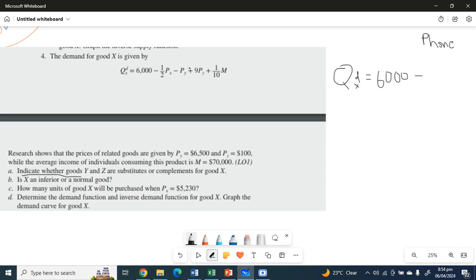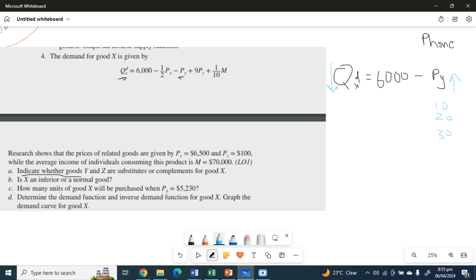First, let's isolate this equation to see the relationship between the quantity demanded for good X and the price of good Y. If the price of PY increases, let's say PY equals 10, then 20, then 30, since there's a negative sign here, the quantity demanded of good X is going to go down.